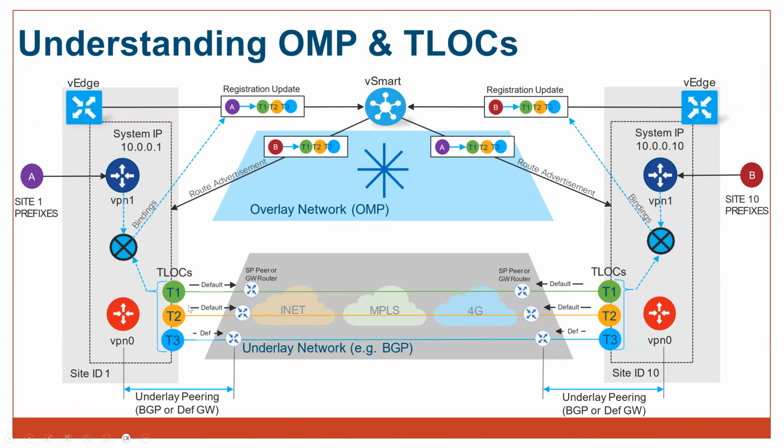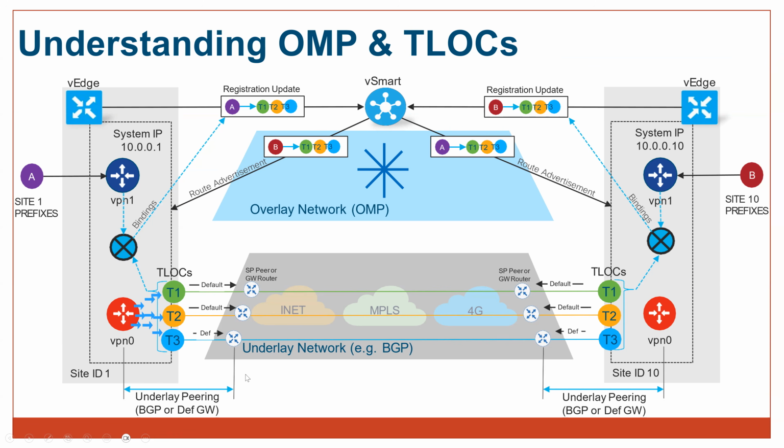So same thing you can see in the diagram, that okay, I have VPN 1. This is a logical representation of this router. So within this VH router, you have VPN 1, you have VPN 0. This VPN 0 is connected with the transport in this diagram. So you can see here that the transport is connected with VPN 0 with different ISPs.